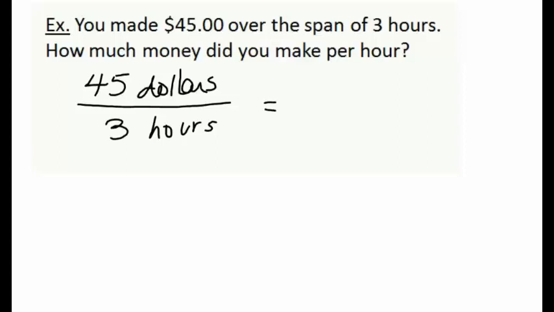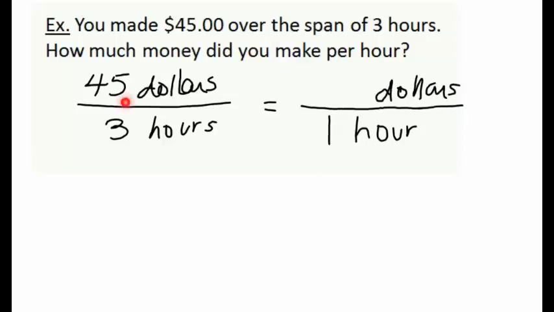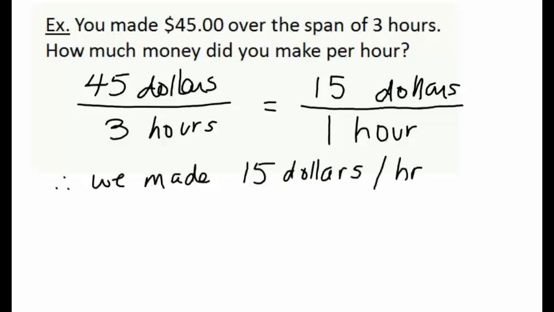And we could, if we needed to, divide 45 by 3 to get a unit rate, because what we're looking for in the denominator is dollars per 1 hour. And in fact, 45 does have a factor of 3, and if we divide 45 by 3, we get the number 15. So in other words, we've made $15 per hour.